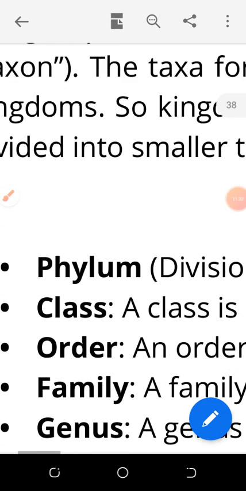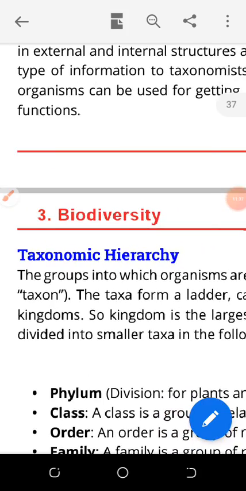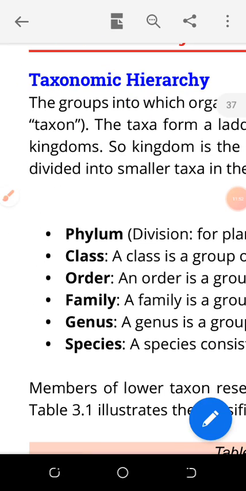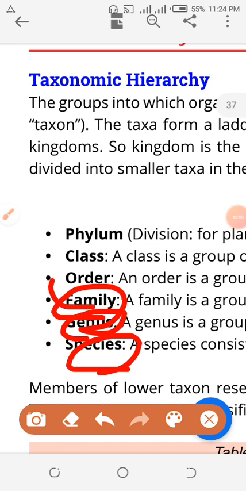So in the taxonomic hierarchy, we divide the animals and the plants step by step into many units. Some are small units, some are large units. The smallest unit is species, the second smallest unit is genus, and then come family, then order, then class, then phylum.